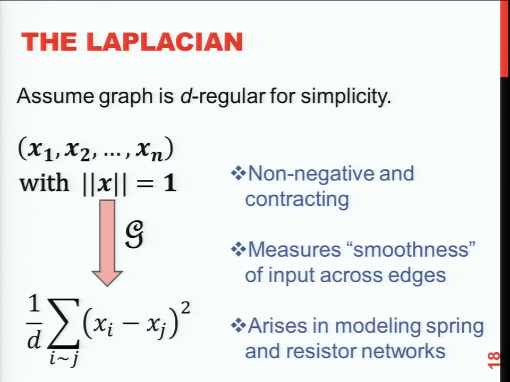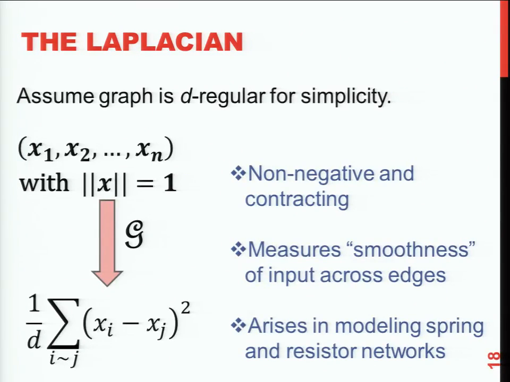There are some things to notice about this operator. First of all, it's non-negative, because you are taking the sum of squares, so the output is at least 0. It's contracting, meaning you can check that this number will be smaller than 1, which is the length of the original vector. One way to think about this Laplacian operator is that it measures smoothness of the input across edges.